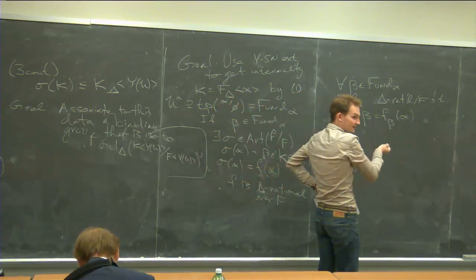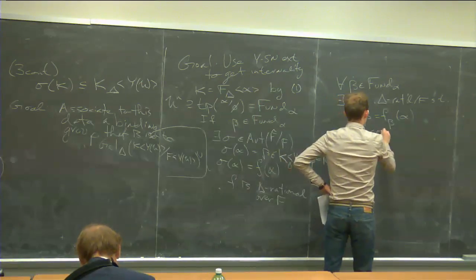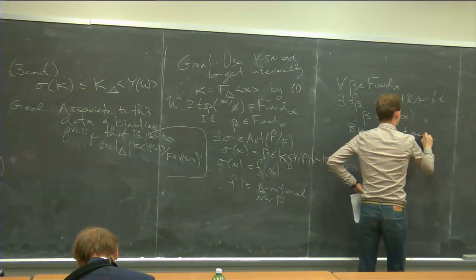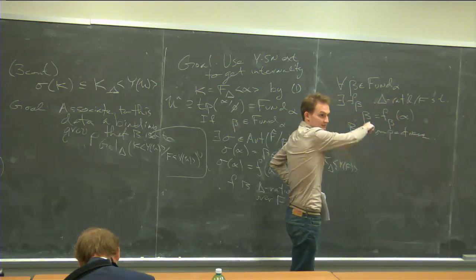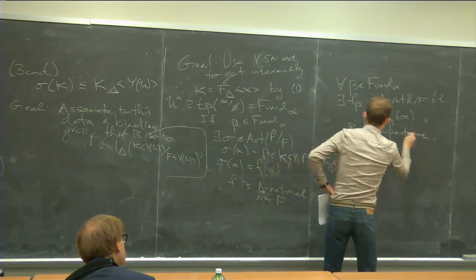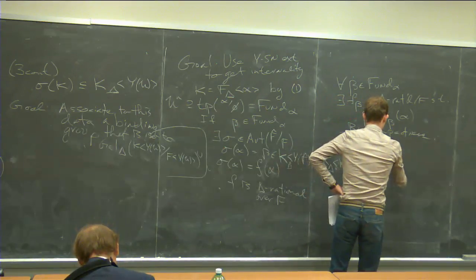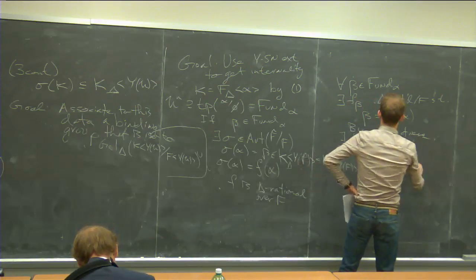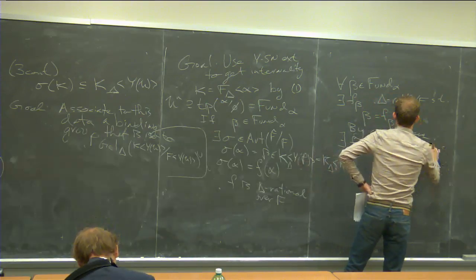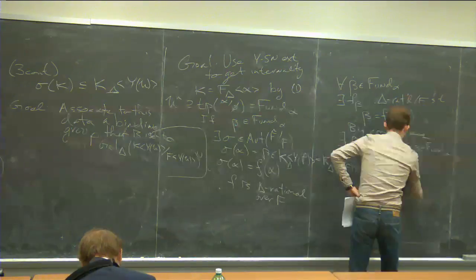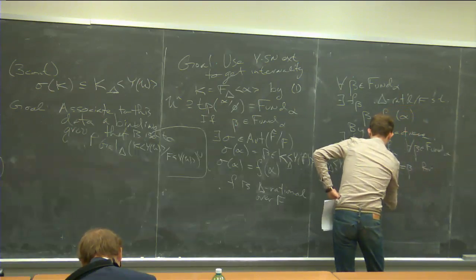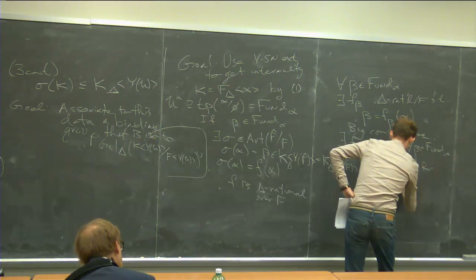And now, by compactness, we were able to reduce to finitely many such f's. So there exist f1 through fn, say, such that for all beta in fund alpha, fi alpha equals beta for some i.